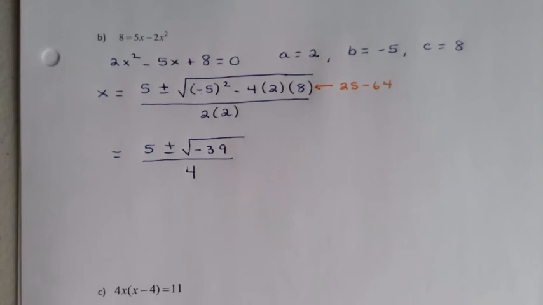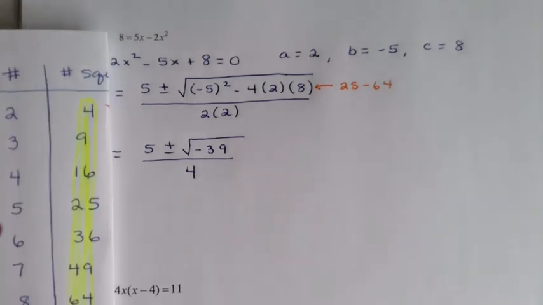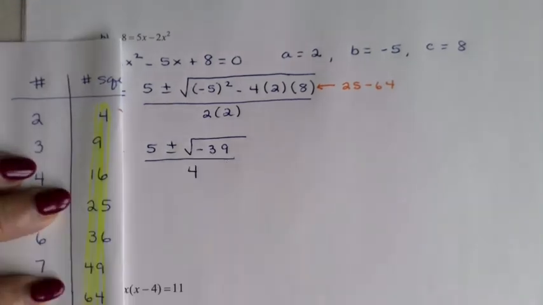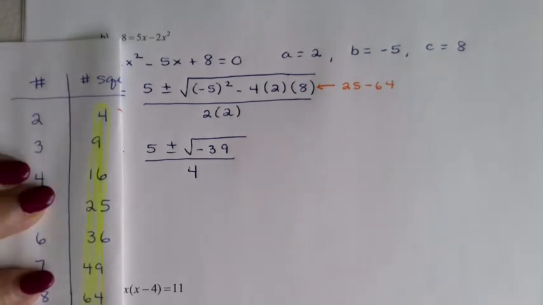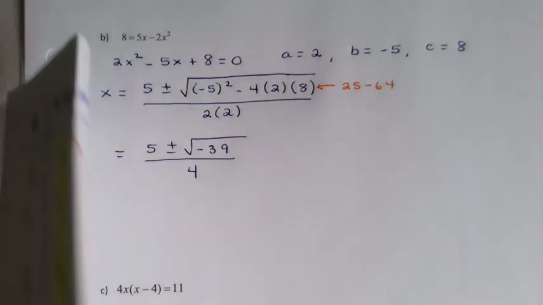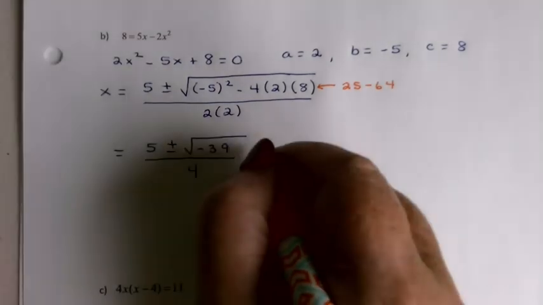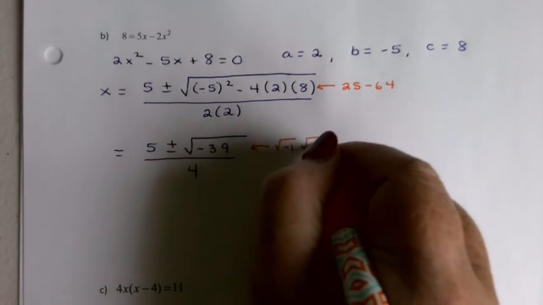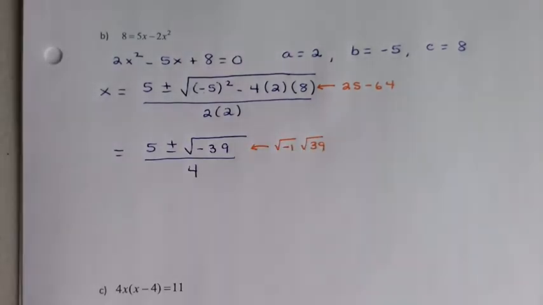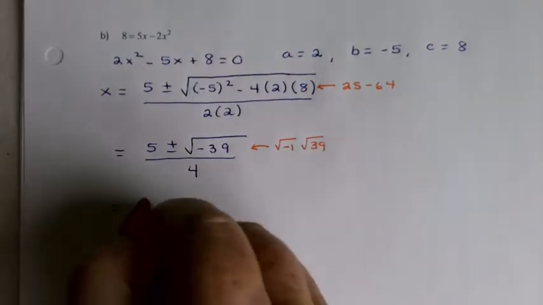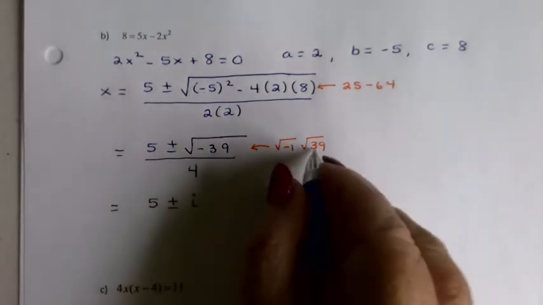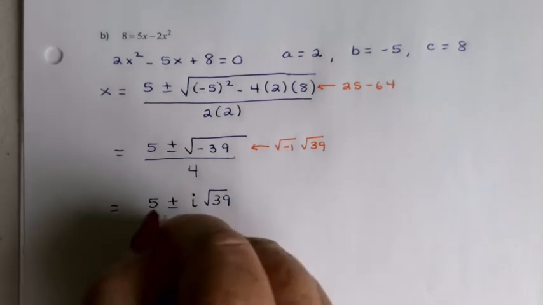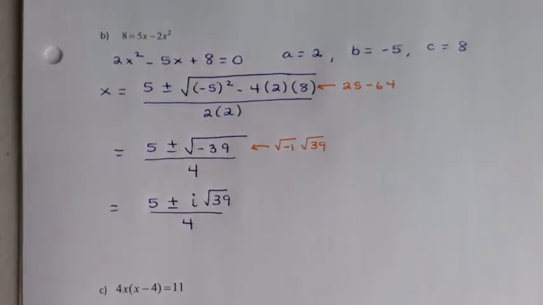And I don't believe that there's any other perfect square that would be able to be used to break apart that 39. I don't think any of those go evenly into 39, so I'm basically just thinking square root -1, square root 39. So I've got 5 plus or minus i times the square root of 39 over 4.